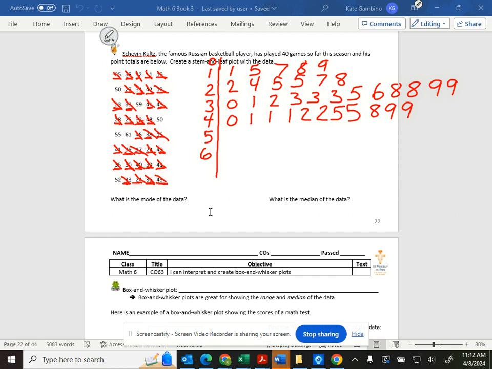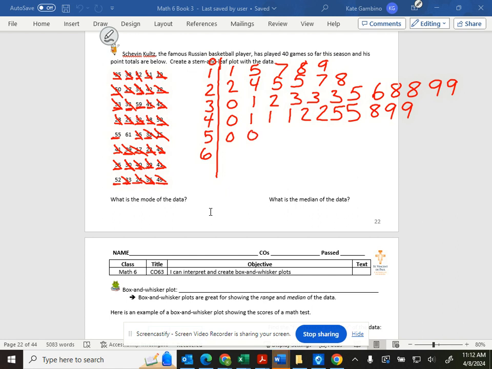Then for my 50s. I have a 50, a 50, 55, 52, and a 59. What digit am I going to put first? A 0 for the 50. What's next? Another 0 because there's another 50.